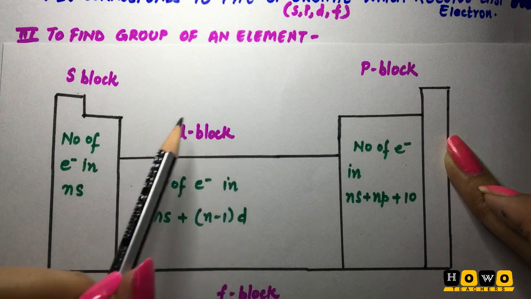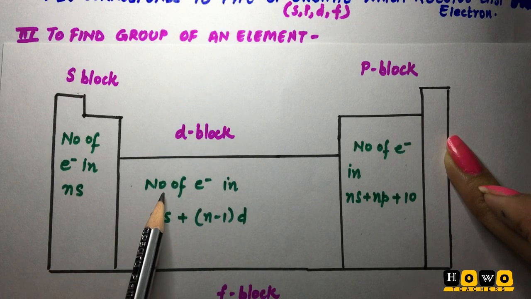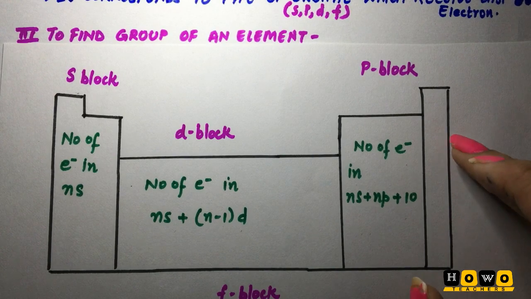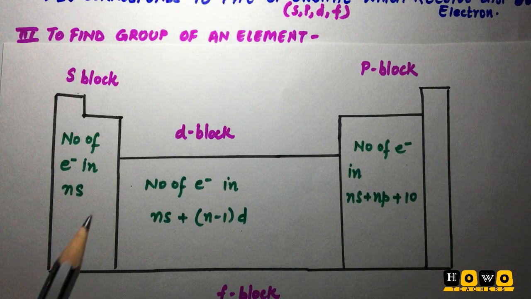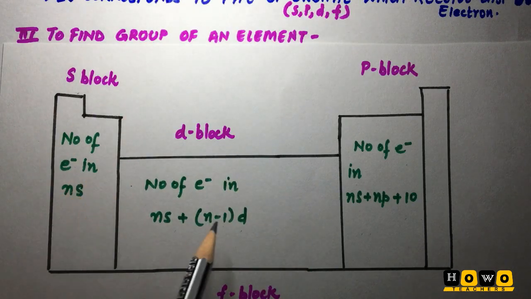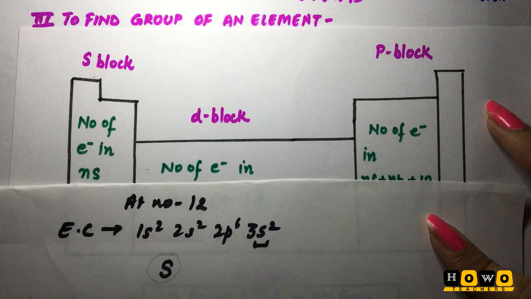If it belongs to the d block, the group number will be the number of electrons in ns plus (n minus 1)d. For the f block, we will look at it later. But before that, let us go through an example of finding the group number for s, p or d blocks.